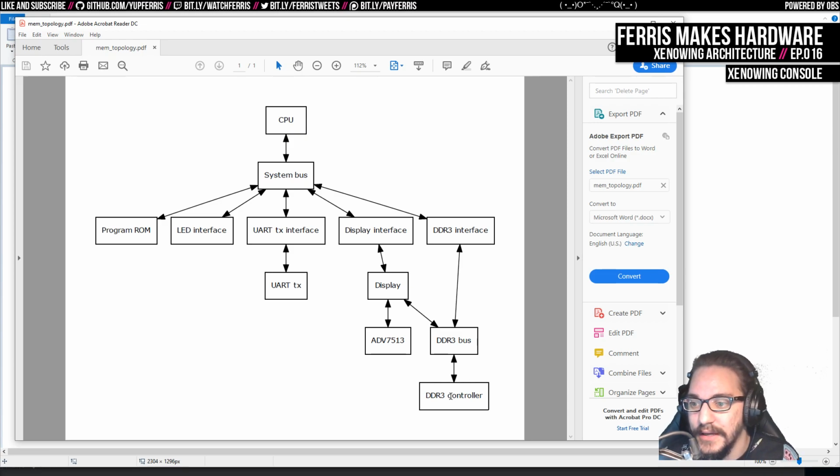In particular, these DDR controllers are meant for working with DDR, so actually DDR structurally as well. When you have a DDR chip, it doesn't just have the memory in it, it has a little bit of controller logic on the chip itself. And that logic and these controllers and everything is all optimized to do burst modes. In a burst mode, you're going to read or write bytes or words in a contiguous address range.